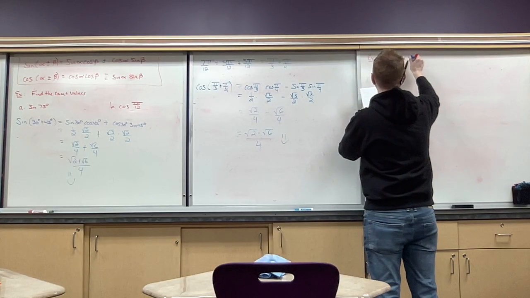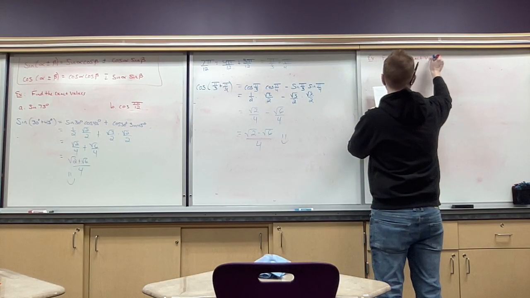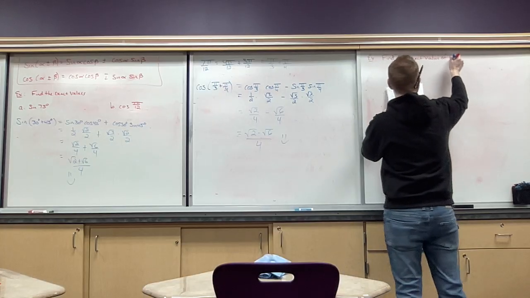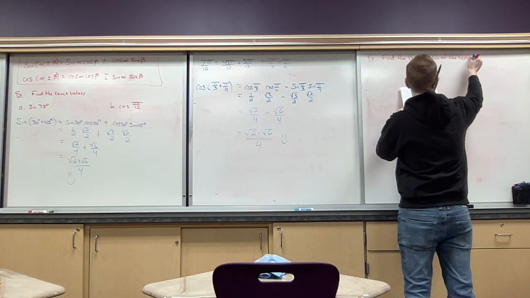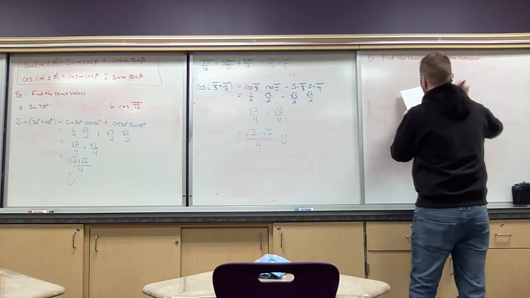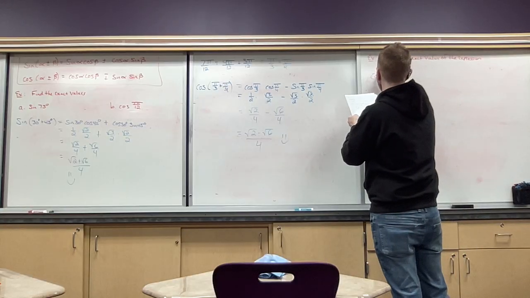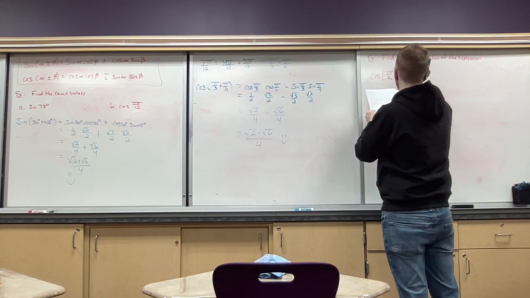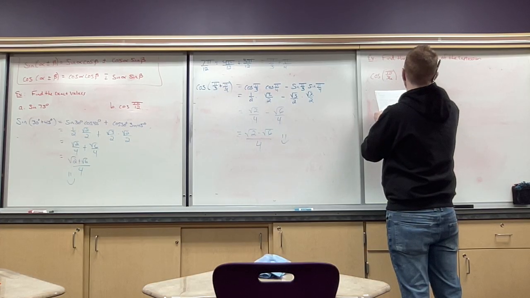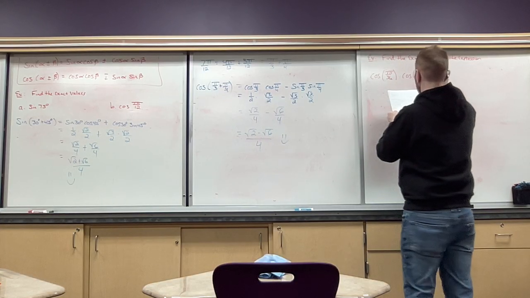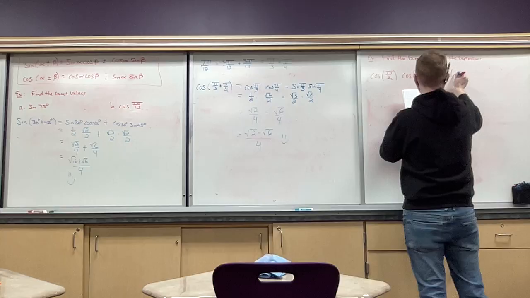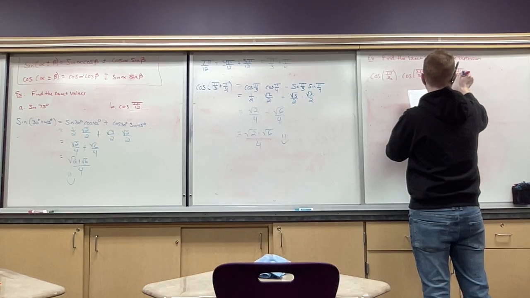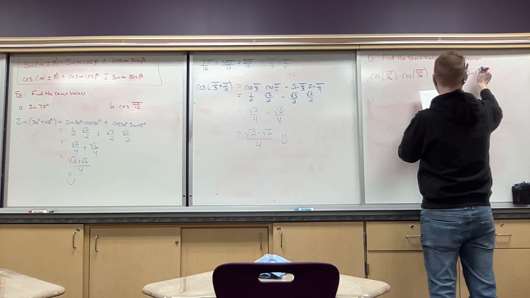Find the exact value of the expression. So this is a little bit working backwards here. So let's say you have cosine of 7 pi over 36 times cosine of 5 pi over 36 minus sine of the same angles.